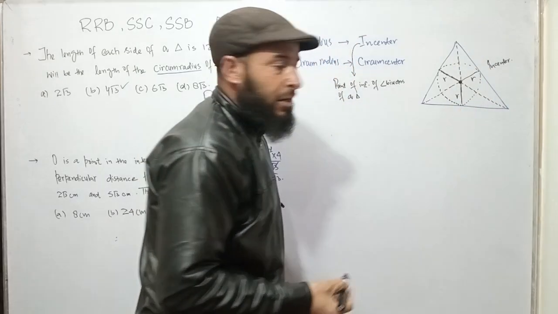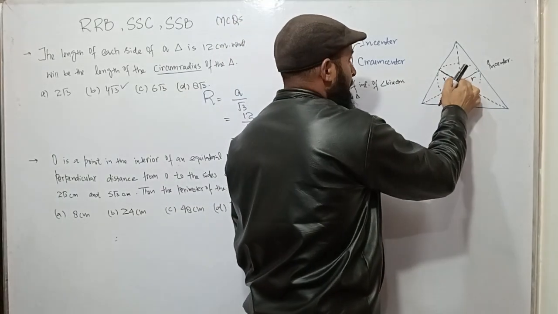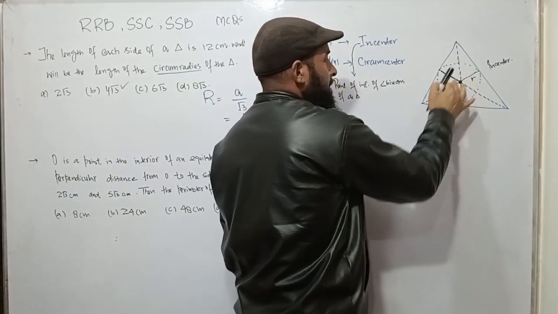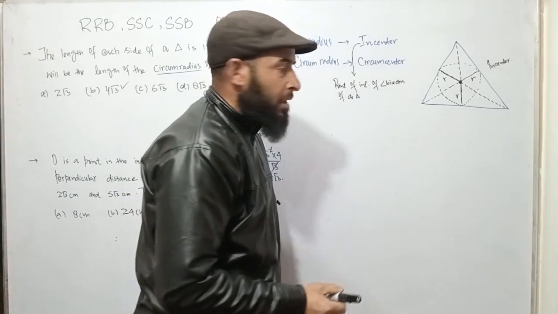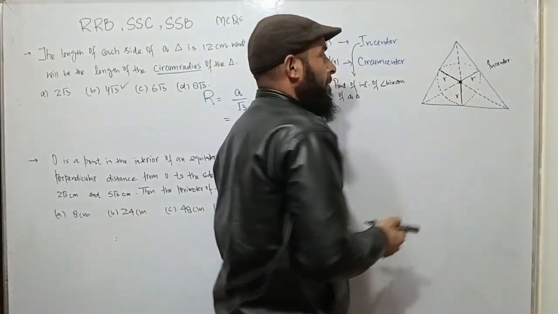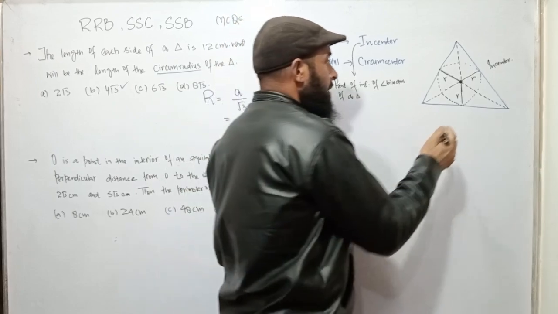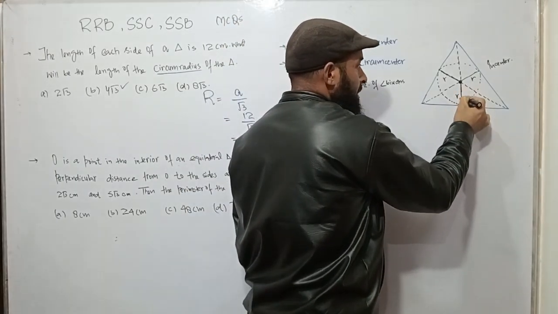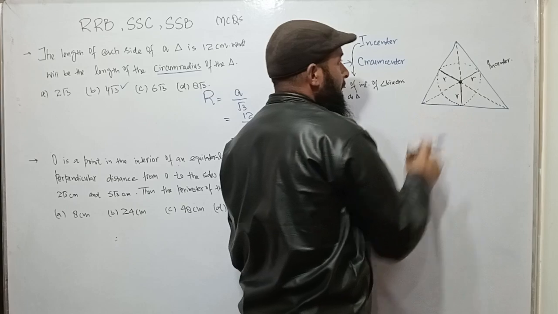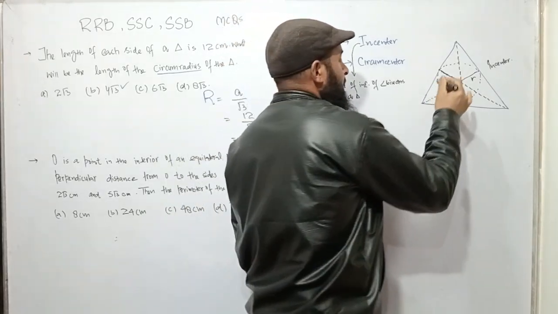So this is our inradius, and this is the incenter. It is always equidistant from the sides of the triangle.